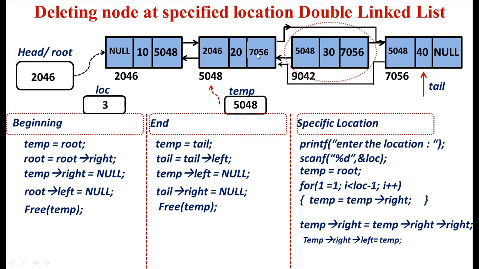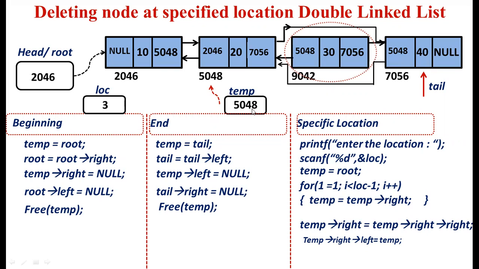That is temp to right to left. In this particular place, what value am I placing? I am placing the temp value. Maybe some of you may think the logic is like this: tail to right, tail to left. This particular position is tail to left, so tail to left is equal to temp.